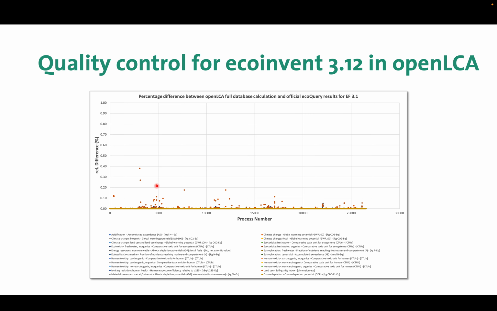Because of numerical reasons in how you calculate sparse matrices, there are some slight differences, but you don't have these differences when you do a calculation in openLCA, because there you calculate one process or one product system, and you will always get the exact same value, even without this 0.3% difference, which is already negligibly small.